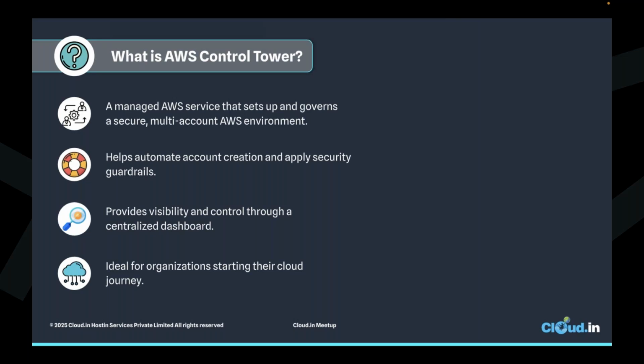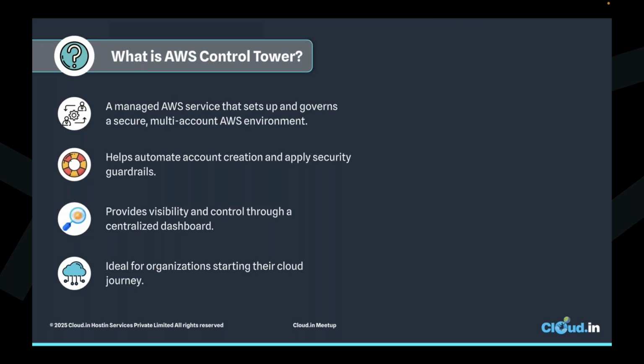From here, you can monitor compliance, view the health of accounts, and also take action when policies are violated. This makes governance much easier and gives leadership better visibility into all your AWS accounts or AWS environments.